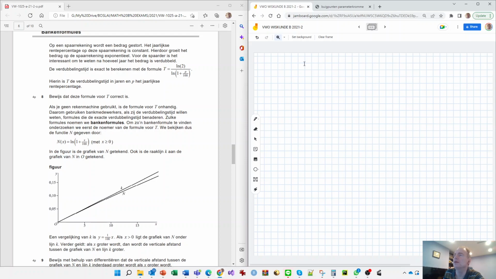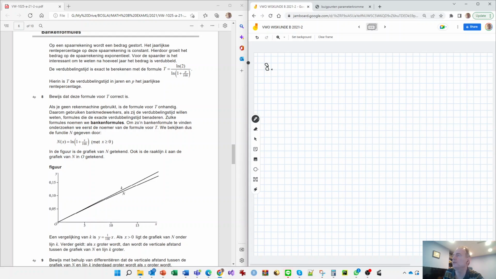And is using this equation with t the time in years for it to double, and p the interest rate. They say percentage, so it has to be expressed as a percentage. So prove that this is correct. All right. Well, let's start.